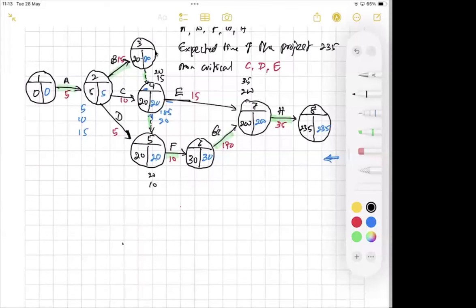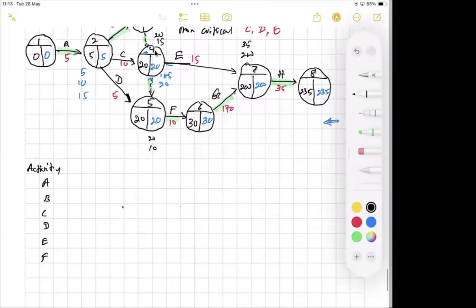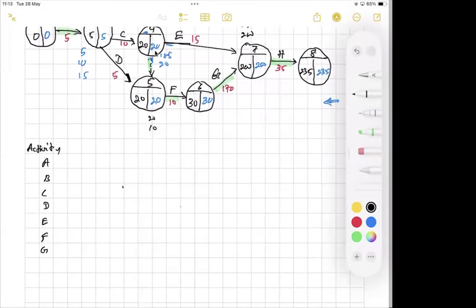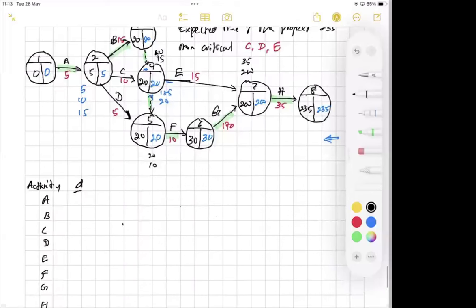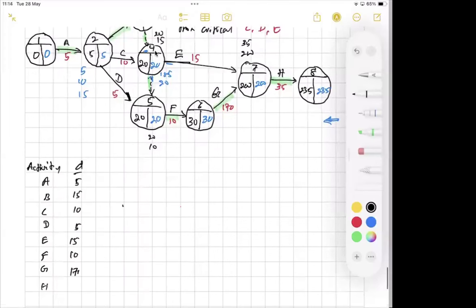Shall we do that? Activity A, B, C, D, E, F, G, and H. Then you can put the duration: 5, 15, 10, 5, 15, 10, 170 and 35.